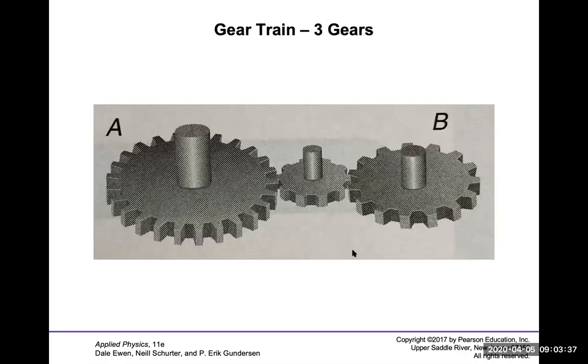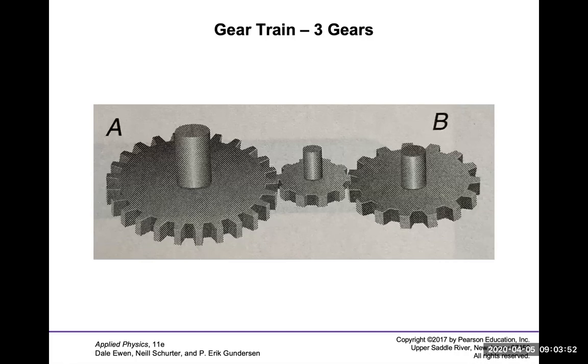What if you have a third gear in there? Now let's call that gear M for middle. You have A and you have M and you have B. A is the driver. Who is the driven?